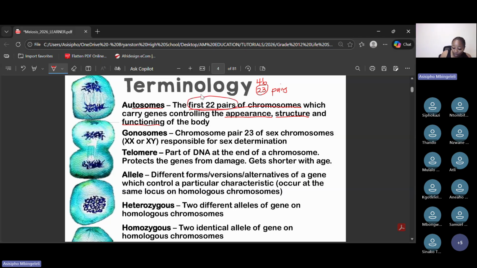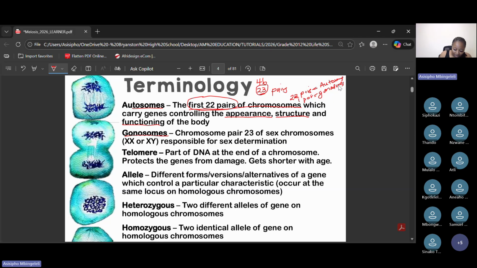Now, we said you have 23 pairs in total, and the first 22 is regarded as autosome. The last pair of chromosome is known as your gonosome. So 22 pairs, we call that autosomes. Then one pair, which is the 23rd pair, that we refer to as gonosomes.